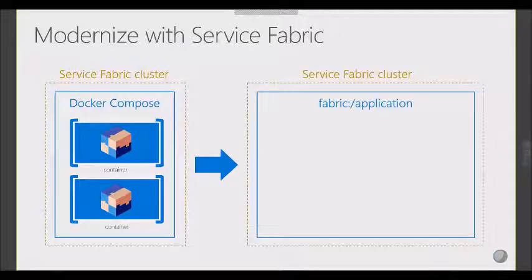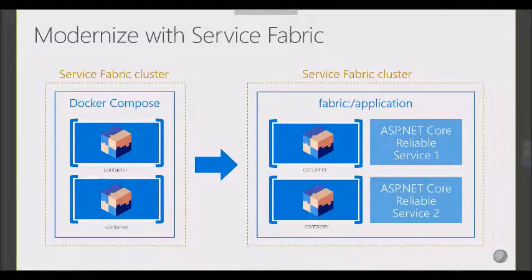Then we can move that over to a different application definition, which is a Fabric application. And that Fabric application can run several Docker containers and also new microservices, for example, written in .NET Core. So that's what you can compose then.